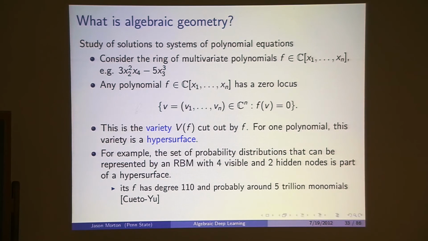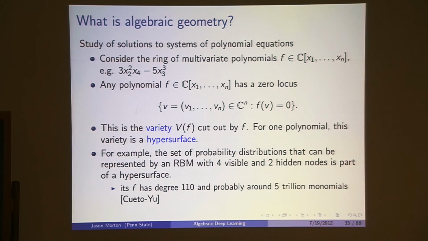Do we know if every architecture has a corresponding polynomial? Right, every architecture has a system of polynomials. When we're lucky, the numbers work out such that we only need one. This is a case where we're lucky in that sense, but we're unlucky in the sense that it's an enormous polynomial. So one of the big things in this area is always to figure out efficient ways to describe these things so that you're not trying to write down 5 trillion.